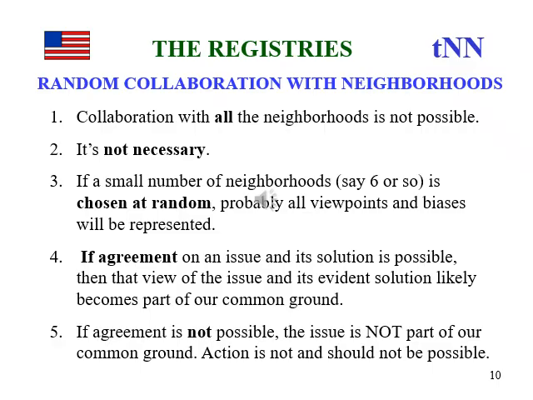If agreement on an issue and its solution is possible and occurs, then that view of the issue and its evident solution likely becomes part of our common ground. 5. If agreement is not possible, the issue is not part of our common ground. Action is not and should not be possible.